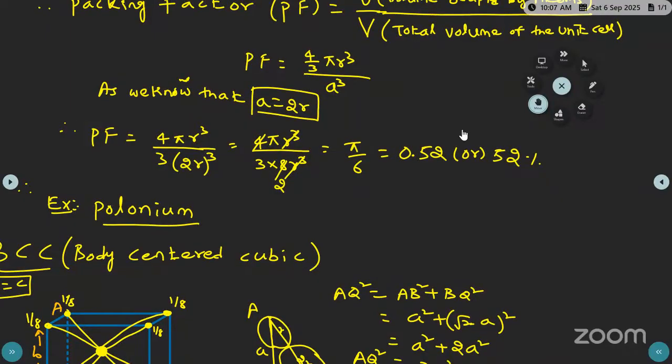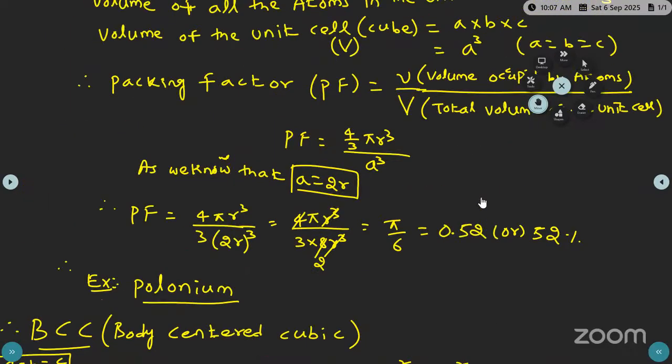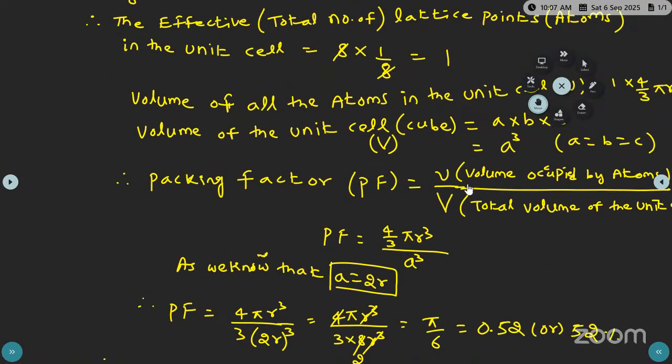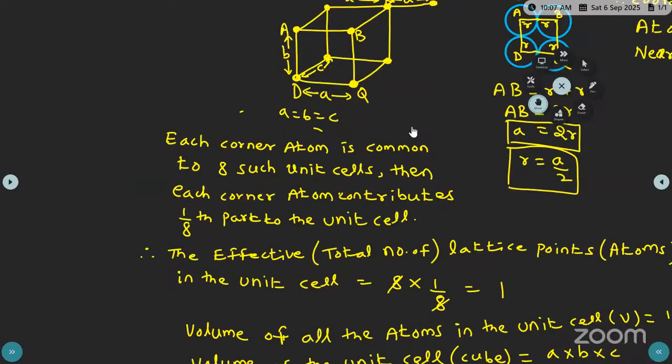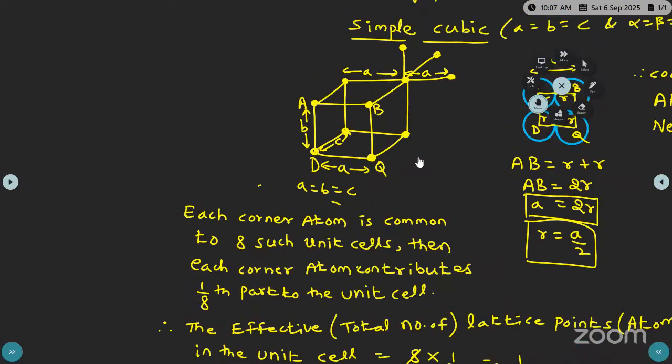So what does it mean? What does this packing factor value indicate? What did I say yesterday? This is one unit cell related to the simple cubic structure. If this cube has 100% volume, then one atom is occupying a space of 52%.